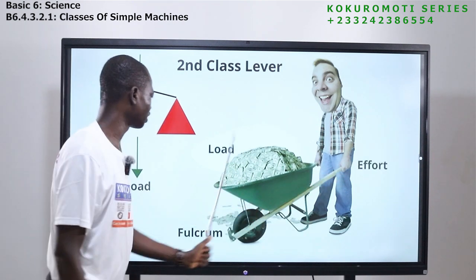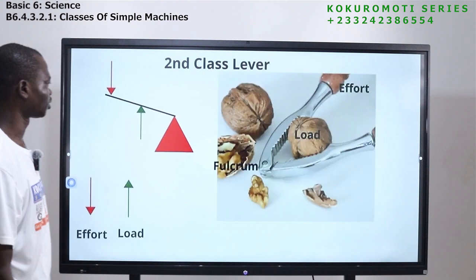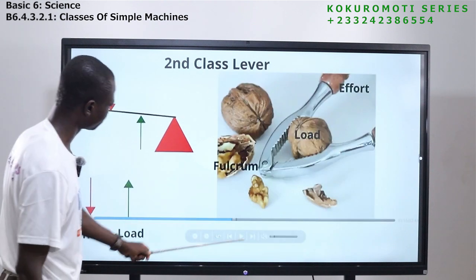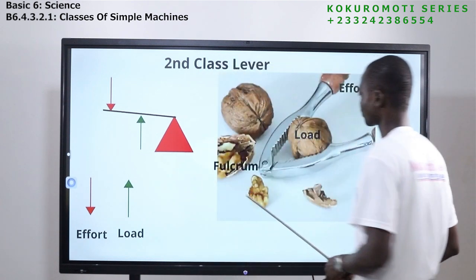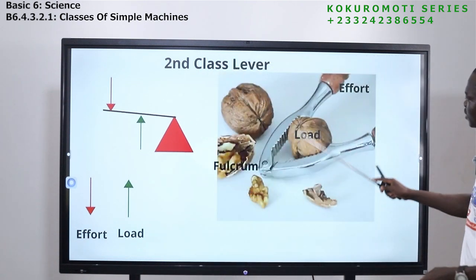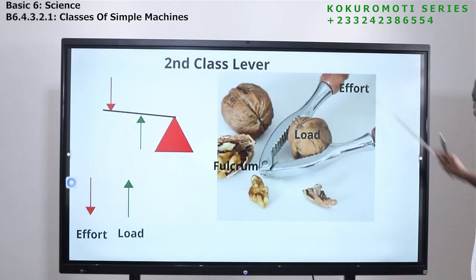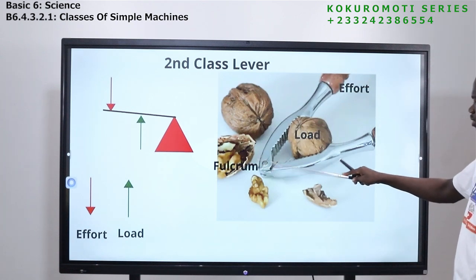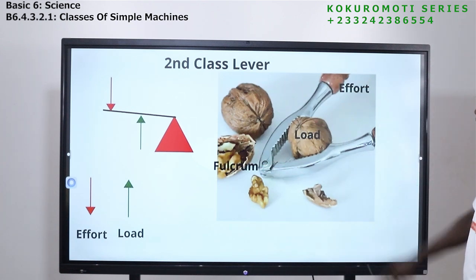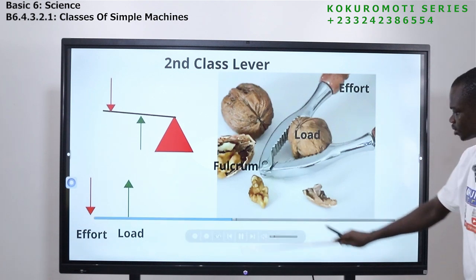So this is the effort, this is the load, this is the fulcrum. Okay, another one too is here. If you look at this, this is the load. This is where we hold. That is the effort. The part that turns is here. That is the pivot or the fulcrum. So that is that. Let's continue.